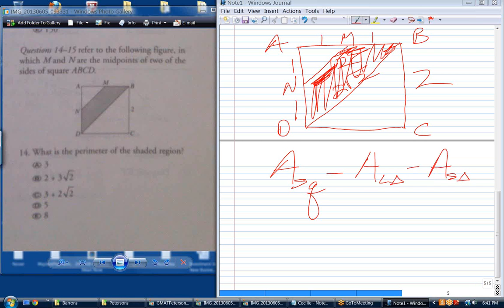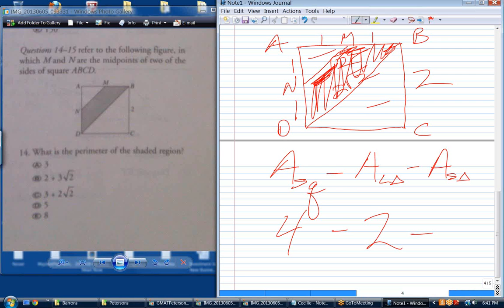Okay, what's the area of the square? 4. What's the area of the large triangle, this one here? 2. We know that instantly without doing any math, because triangles are always half of the rectangle. And what's the area of the small triangle?